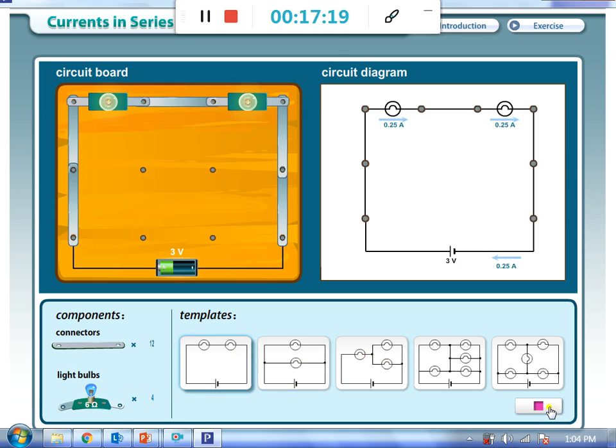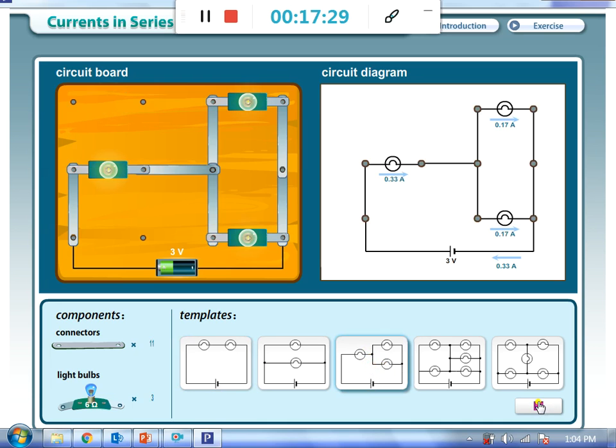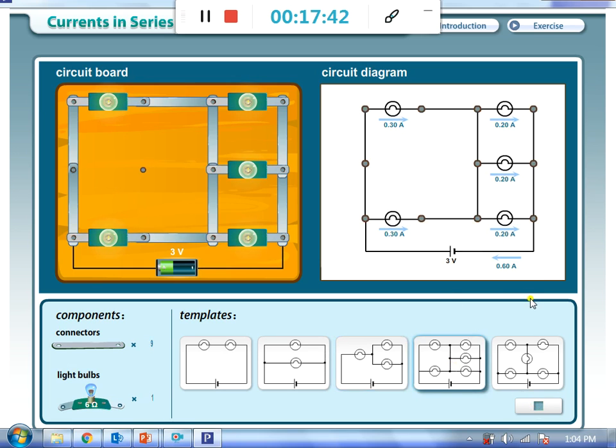For this, you can see that the current will be 0.25. This one is the series circuit. Here is the combination of it. We have the total current of 0.33, and then divided by 2, because here we have 2 branches. How about this? This one, the total current should be 0.6, and here we have 2 branches. For each of them should be 0.3, and then up to here.